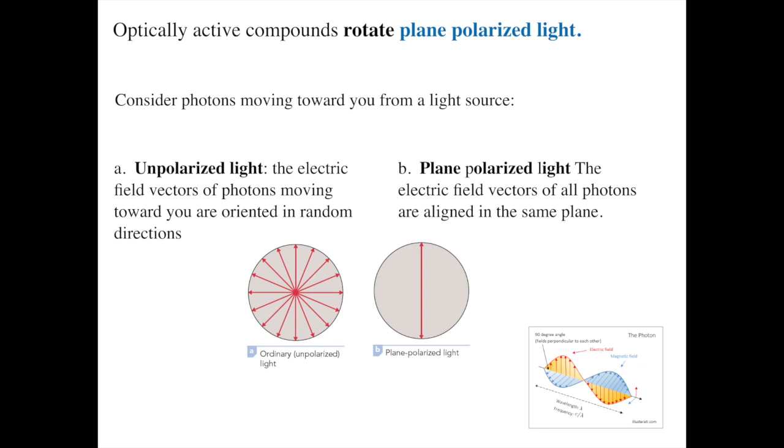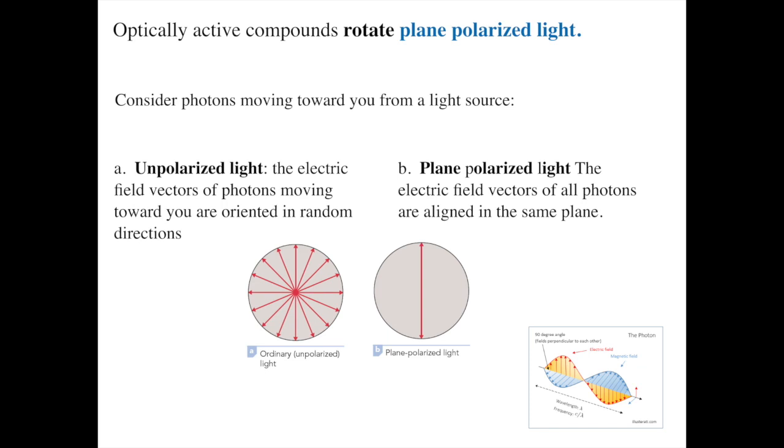Well, picture a light source that you're looking at, and there are photons of light coming towards you. If you have unpolarized light, the electric field vectors of each photon of light are arranged in no particular way. They could be at any particular angle as they come towards you. So one photon might have its electric field vector straight up and down, another one 90 degrees to that, or any particular angle.